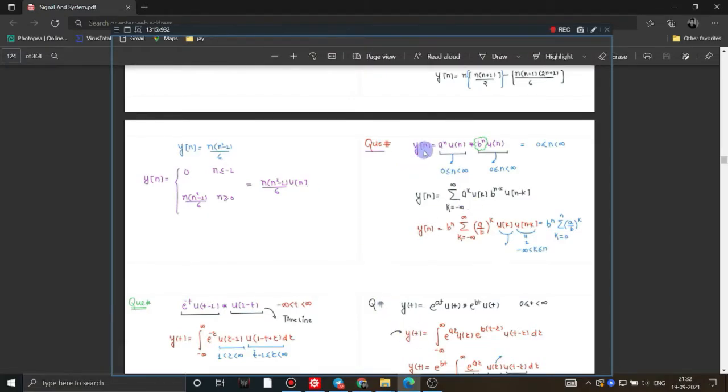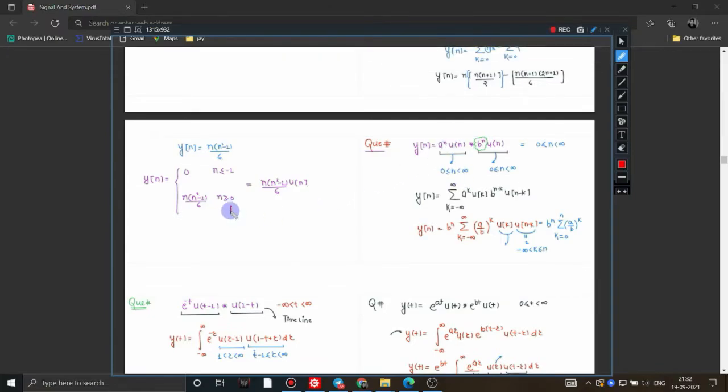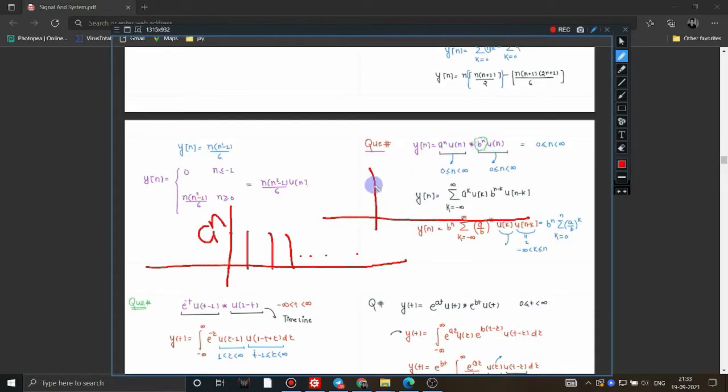Now this is given as a question: y[n] is equal to a to the power n u[n] convolved with b to the power n u[n]. Here this graph is like this, a power n and b power n.